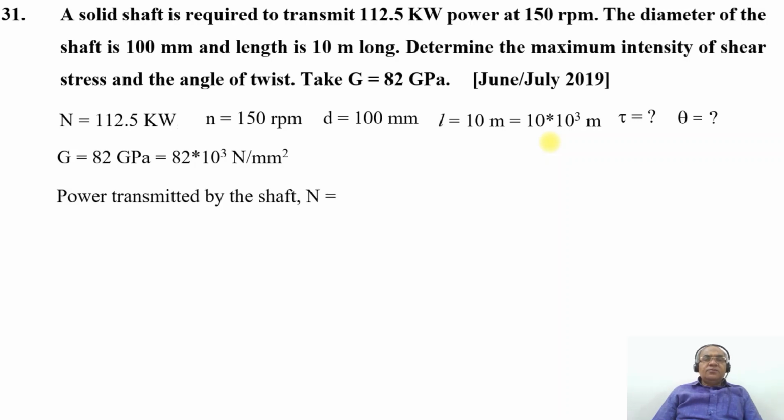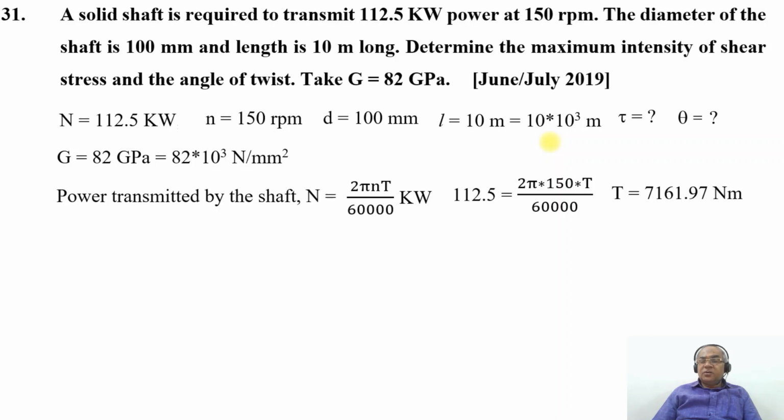First we are going to find out the power transmitted by the shaft, that is, the torque we need to find out. Capital N will be equal to 2 pi N into T by 60,000 kilowatt. So substitute the values of capital N and small n to find out the torque. That is, 112.5 equals 2 pi into 150 into T by 60,000.